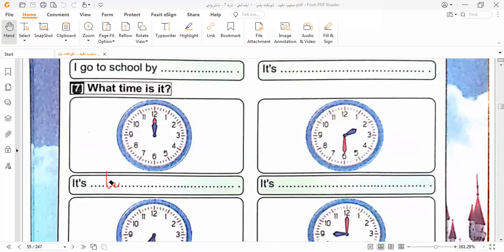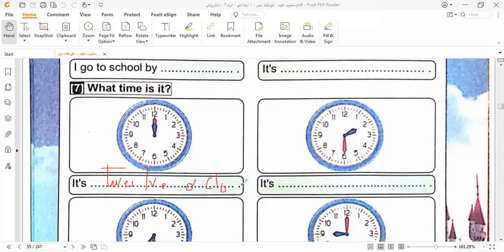So we say 12 o'clock. Here I will write 12 o'clock in letters, not in numbers.